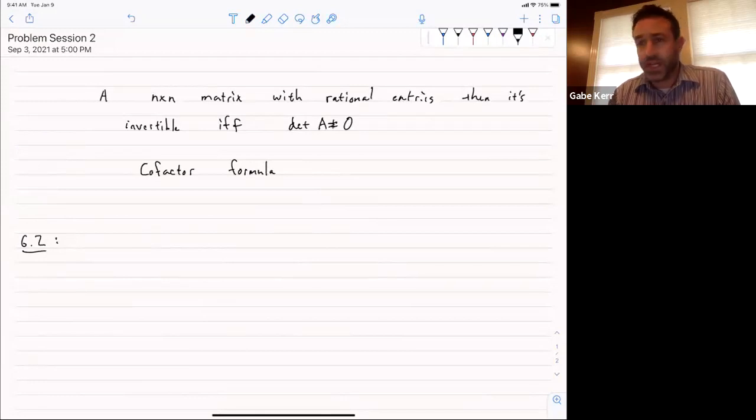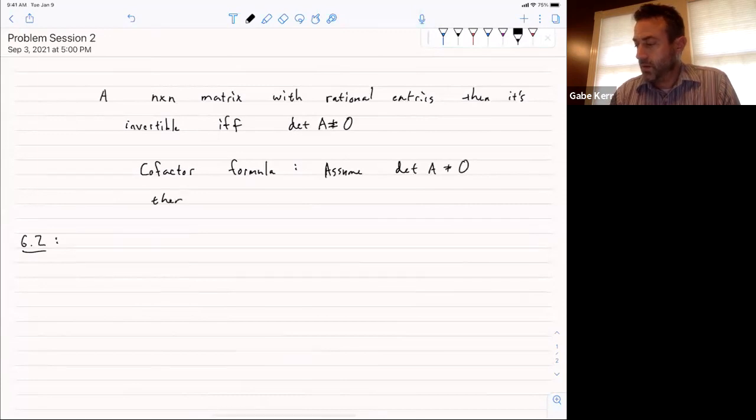I'm not sure I'm going to use exactly the same notation as Artin does, but it says the following. Assume the determinant of an n by n matrix A is non-zero.